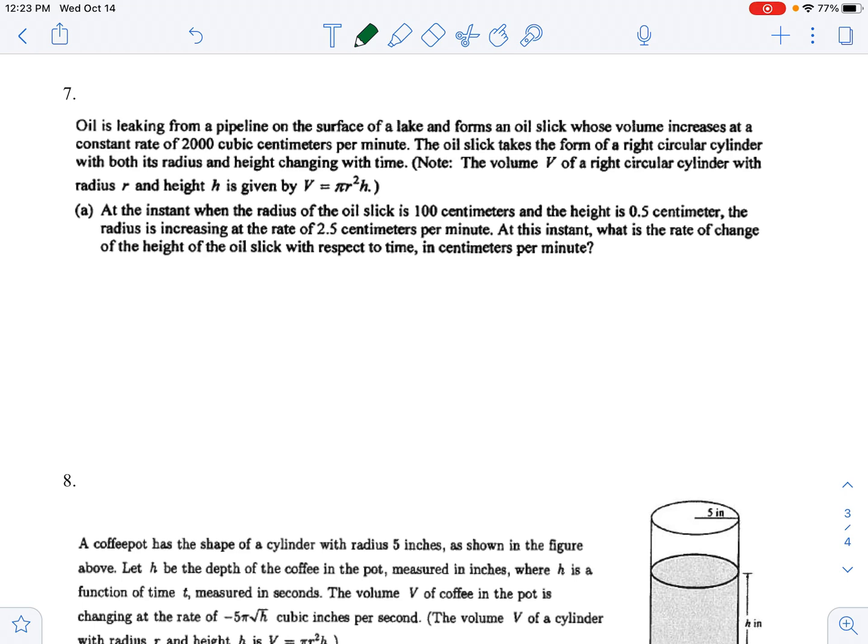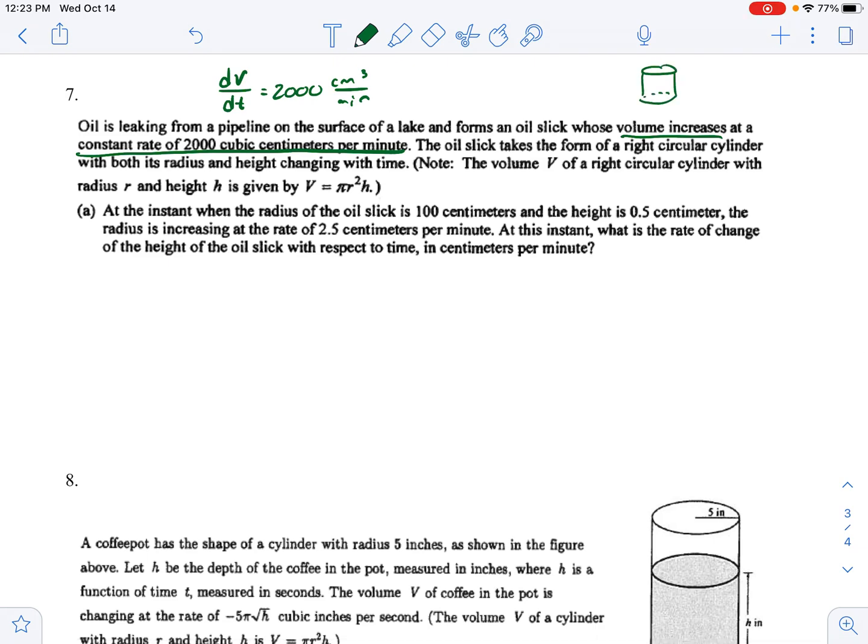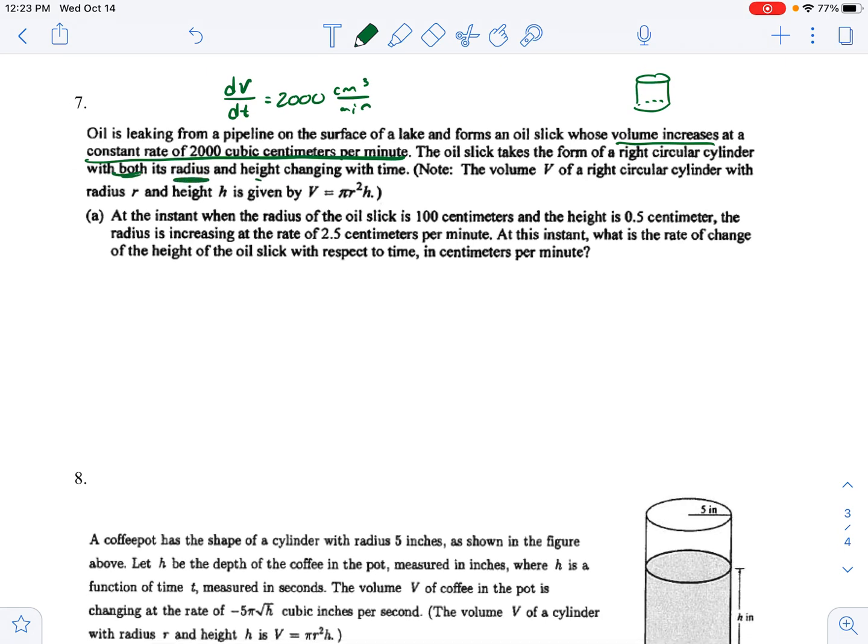Okay, number 7, oil is leaking from a pipeline on the surface of a lake and forms an oil slick whose volume increases at a constant rate of 2,000 cubic centimeters per minute. So that's the rate of change in the volume. The oil slick takes the form of a right circular cylinder, coffee can if you will, where both its radius and height change with time. So it's expanding this way and it's getting bigger, up and down.